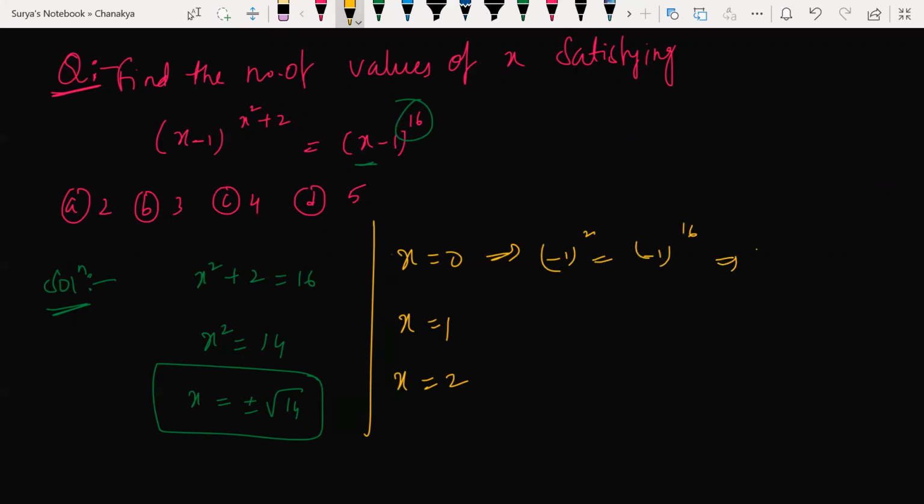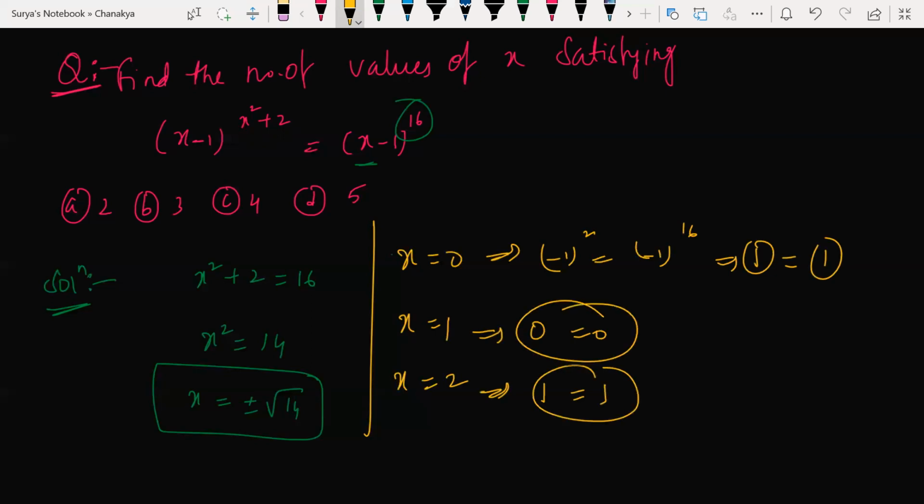Minus 1 to the power of any even number is 1. Check kar lo. 1 is equal to 1. Substitute 1, 0 is equal to 0. Satisfying. Substitute 2, 1 to the power of anything is 1. Check kar lo. Everywhere LHS is equal to RHS I'm getting. So here I'm getting 3 solutions and 2 solutions. Total my answer is 5 here.